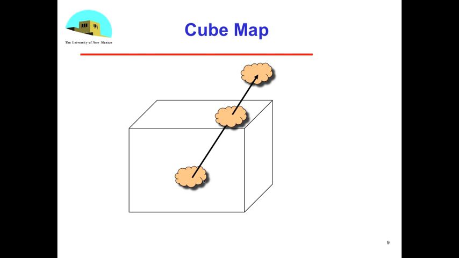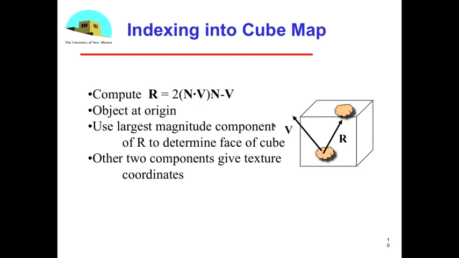And now when I want to do a rendering for what somebody sees inside, for these objects inside and a viewer out here, I now can do the reflection again and see where that reflected vector hits not the original object, but hits the cube. Okay, so let's look at that. So here's the standard computation for the reflection direction given the normal at the surface, which I probably should have drawn in. And we're assuming here that the object is at the origin.